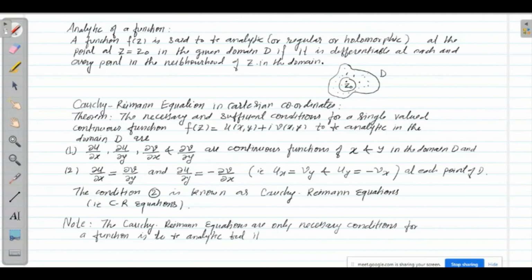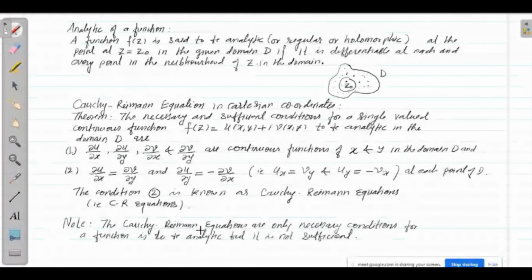Meaning, if your function satisfies the CR equation, it is not guaranteed that your function is analytic. So the CR equation is only a necessary condition, but it is not sufficient. Let us move to the example. There are some functions which satisfy the CR equation but are not analytic. You will find some examples later.